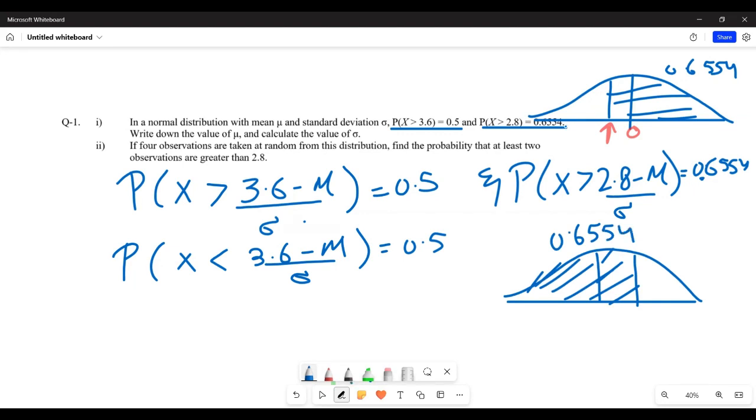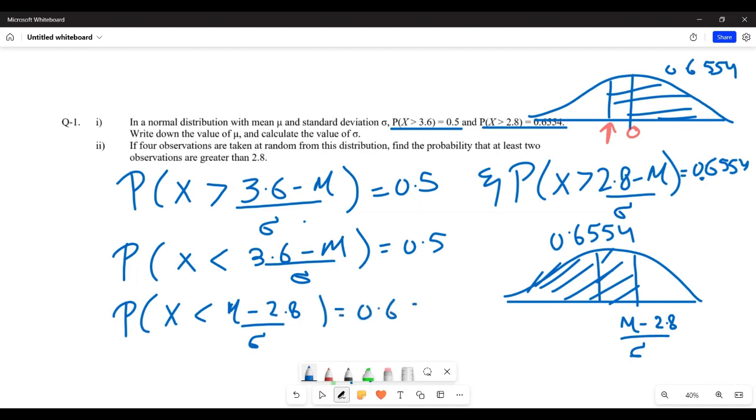Now this number is going to change its sign because it's now becoming positive. Earlier it was negative. So it's going to be (mu minus 2.8) upon sigma. So the second equation should be probability x is less than (mu minus 2.8) upon sigma equals 0.6554. Now we're ready to read the table.